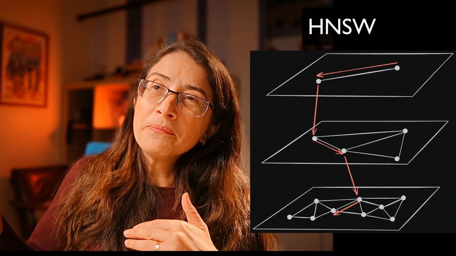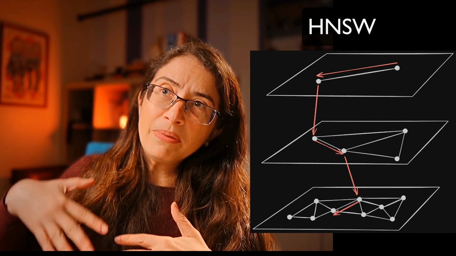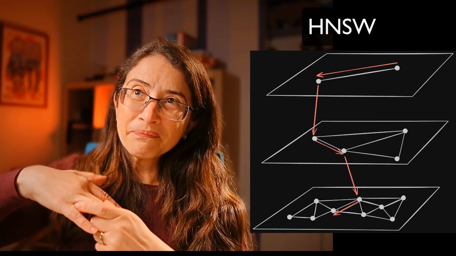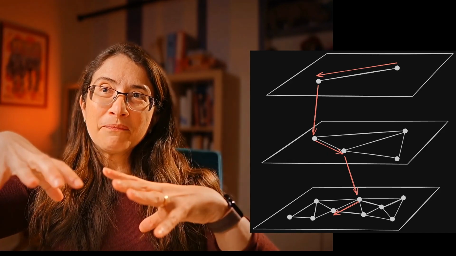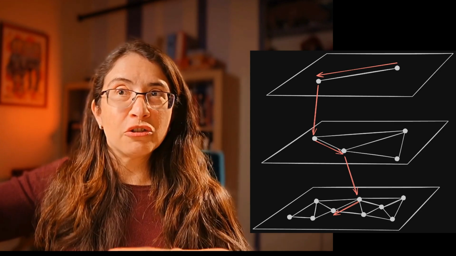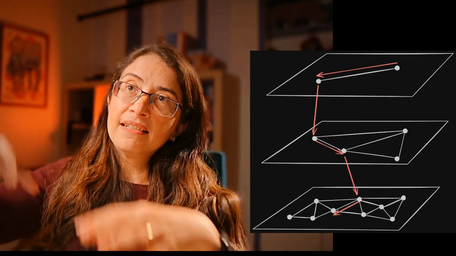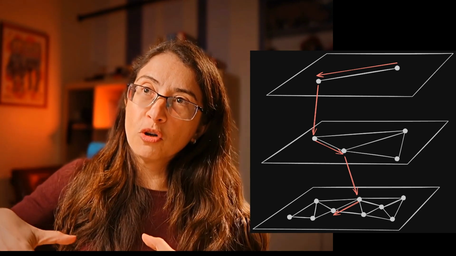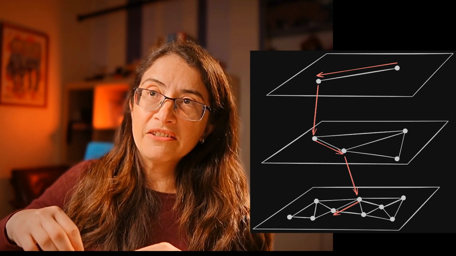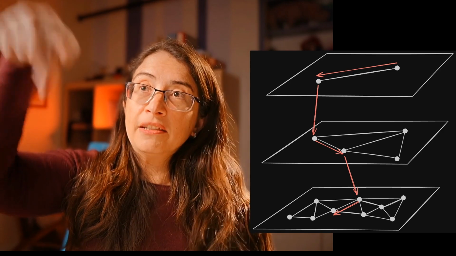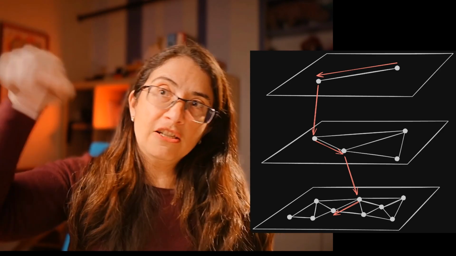HNSW does something slightly different. It basically has layers. The top layer is a very coarse-grained separation of the vector space, and then it gets more and more fine-grained as you go down the layers, and there is connectivity between all the vectors in each layer.